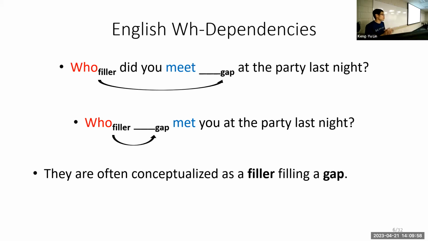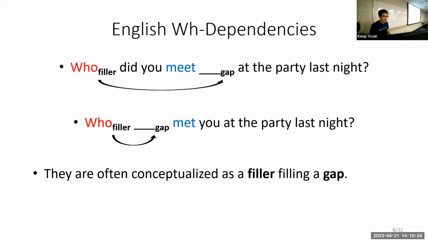But not all researchers agree with this conceptualization. For simplicity, in the current study, we are using this conceptualization of a filler-gap dependency, or the WH word acting as a filler, filling a gap right before the verb that it is associated with, right? So that's the second technical term.